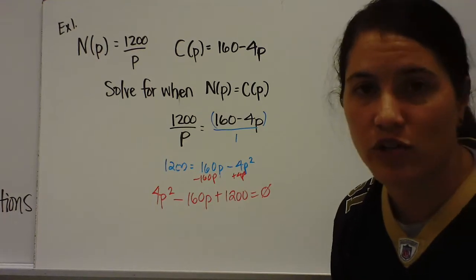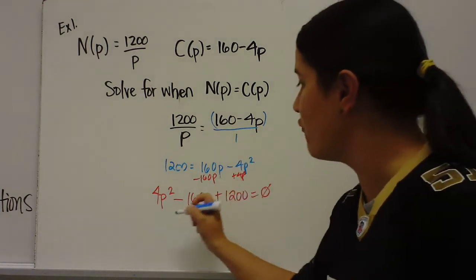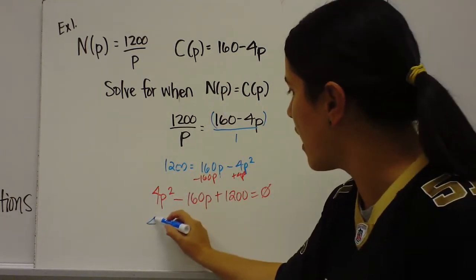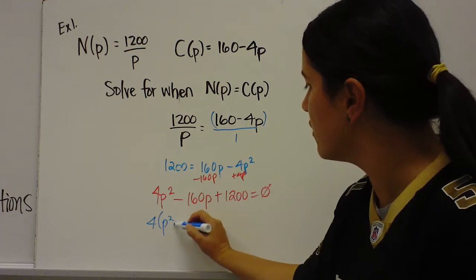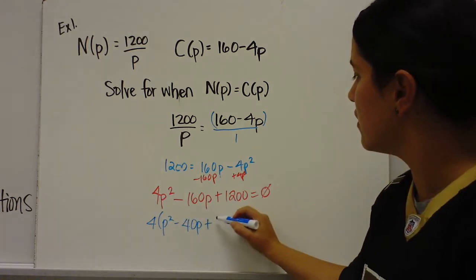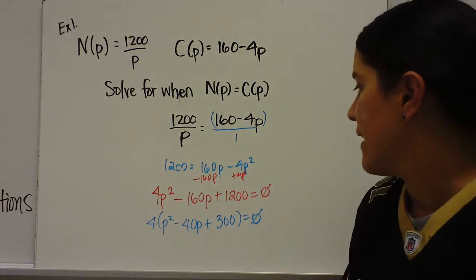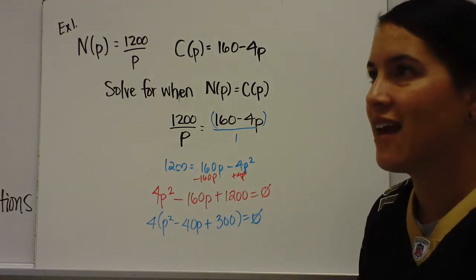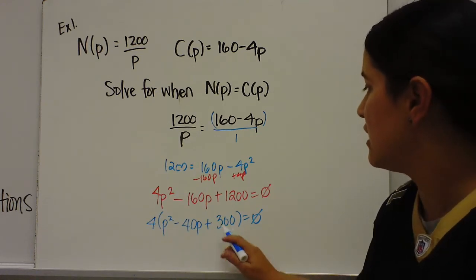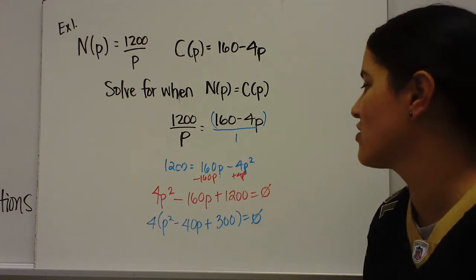If you want to go straight to quadratic formula, you can. I'm going to factor out a 4, and I get that. And then in order to get 300, you could complete the square, you could factor.